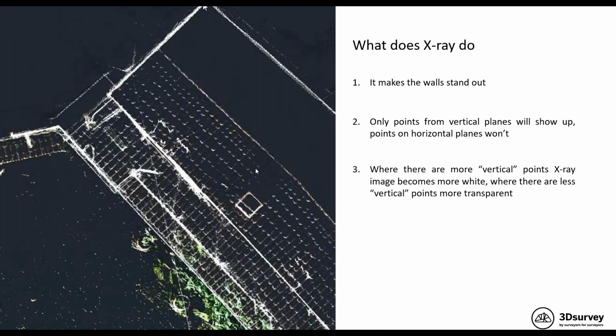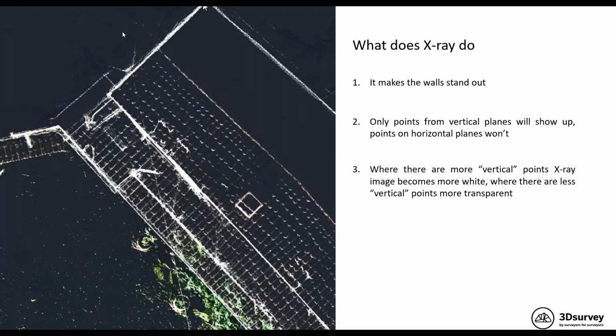It's called Xray. What Xray does is create an image on which walls are better visible, so it makes walls stand out. It does that by showing only points that are on vertical planes. Points on a horizontal plane, for example on the ground, will not show up.